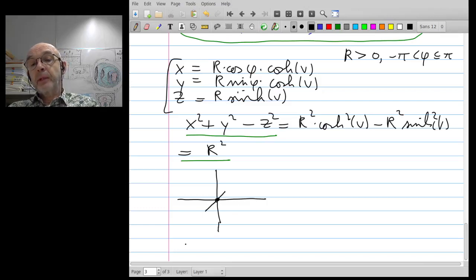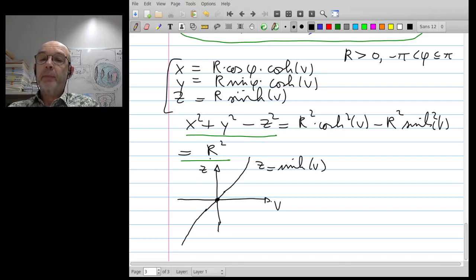So here you have a sketch of the sine hyperbolic. Let us have here v, and here we have the z, and here we have the graph of z equal to the sine hyperbolic of v.